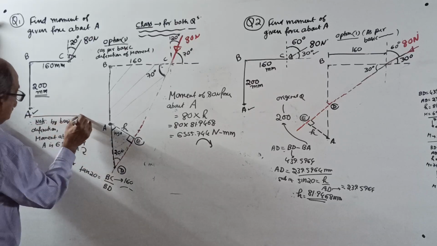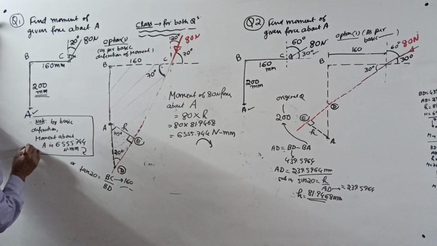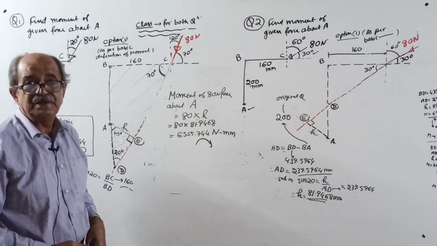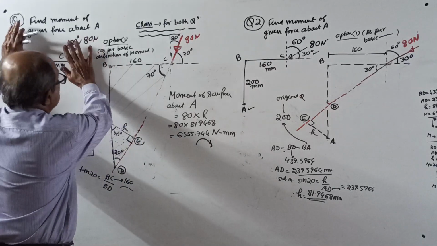That is the answer we got. Why am I writing this? Because I am going for option 2, and option 2 must also give the same answer. Now this question is fully over.